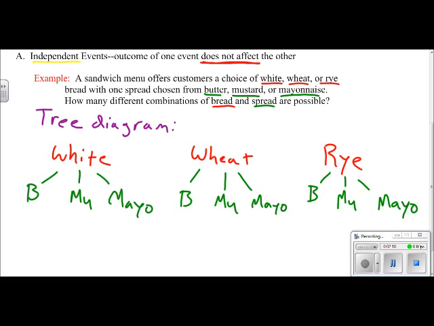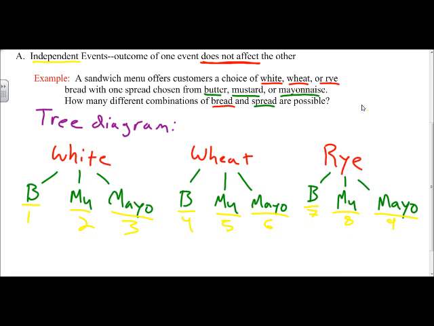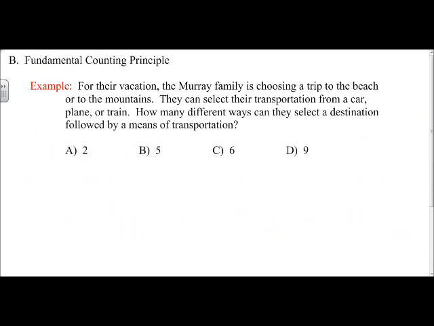We could have white and butter, white and mustard, white and mayo, wheat and butter, wheat and mustard, wheat and mayo, rye and butter, rye and mustard, rye and mayo. So looks like there are a possibility of 1, 2, 3, 4, 5, 6, 7, 8, 9 total combinations. So there are 9 possible combinations of bread and spread.